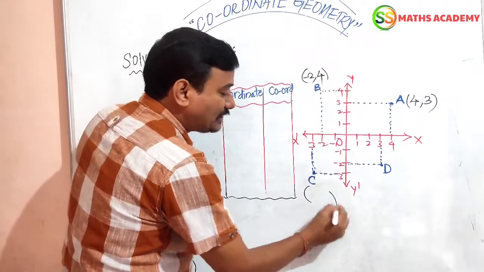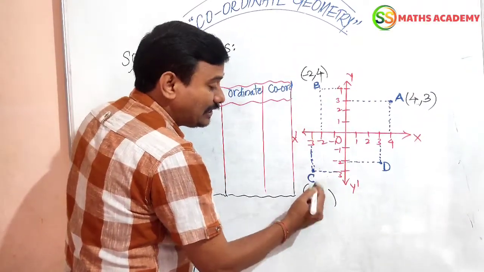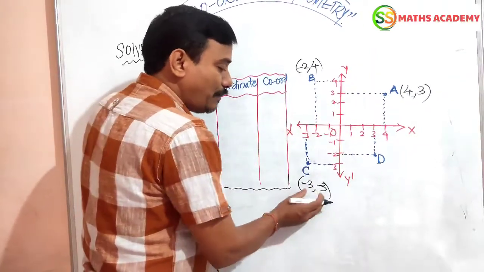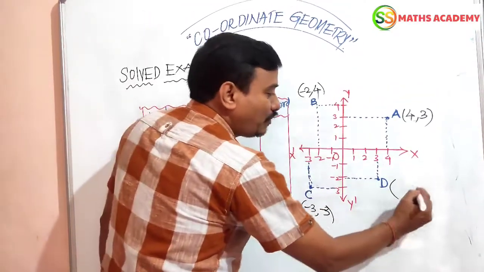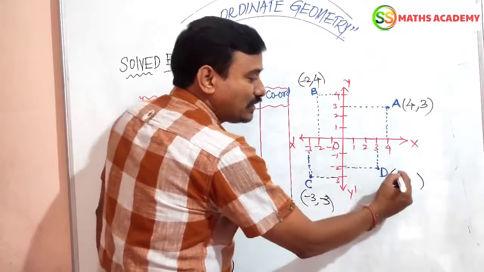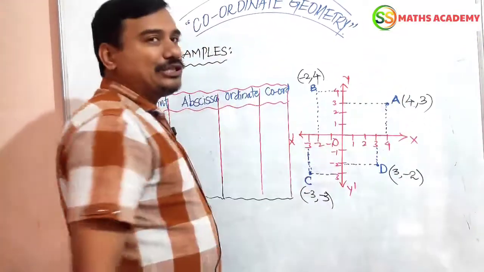Next, what about C? On x-axis we see -3, then on the y-axis also -3, so (-3, -3), in the third region. Next, what about D? The ordered pair: on x-axis we see 3 and on y-axis we see -2.